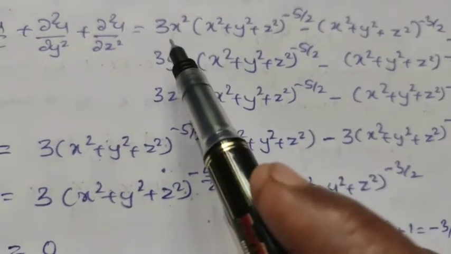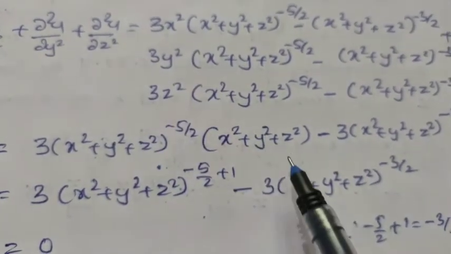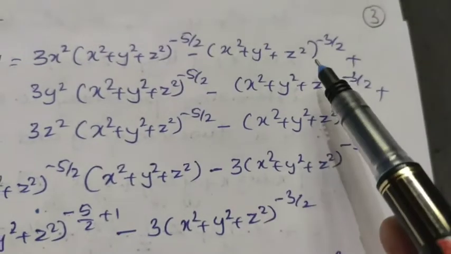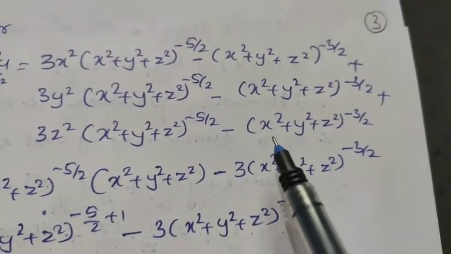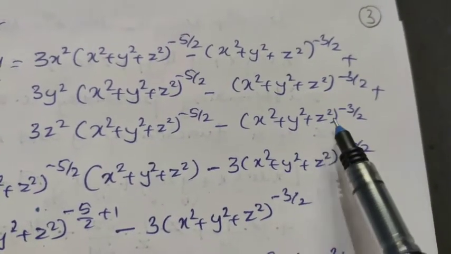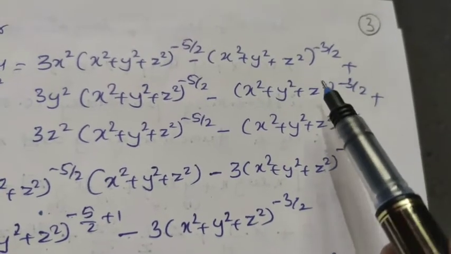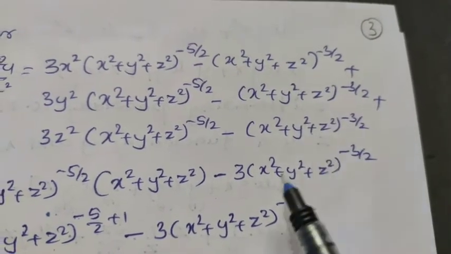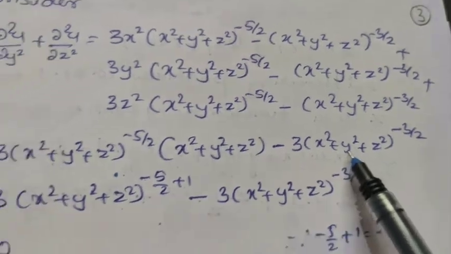So the remaining terms we can write here: x² + y² + z² minus, again in these three terms, this (x² + y² + z²) whole to the power of minus 3/2 is common. That is, these three terms are the same. So we can write it as minus 3 times this one.